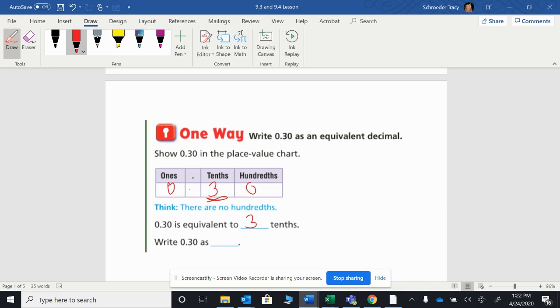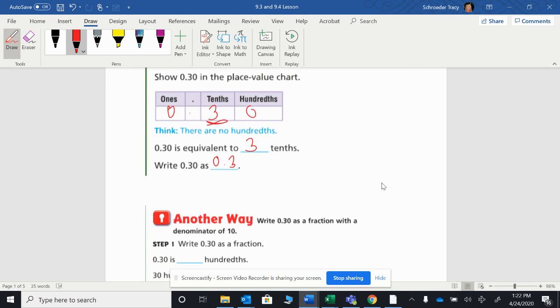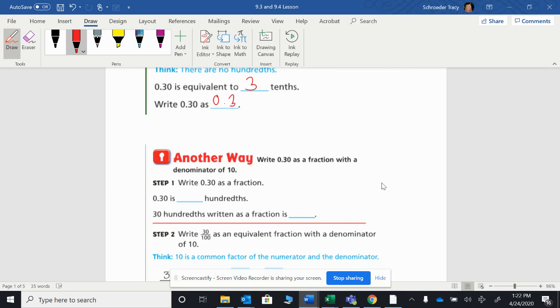So I can write 30/100ths as 0.3. Another way to write it is a fraction. So I can write 30/100ths as a fraction. 0.30 is the same as 30/100ths. 30/100ths written as a fraction is 30 out of 100.